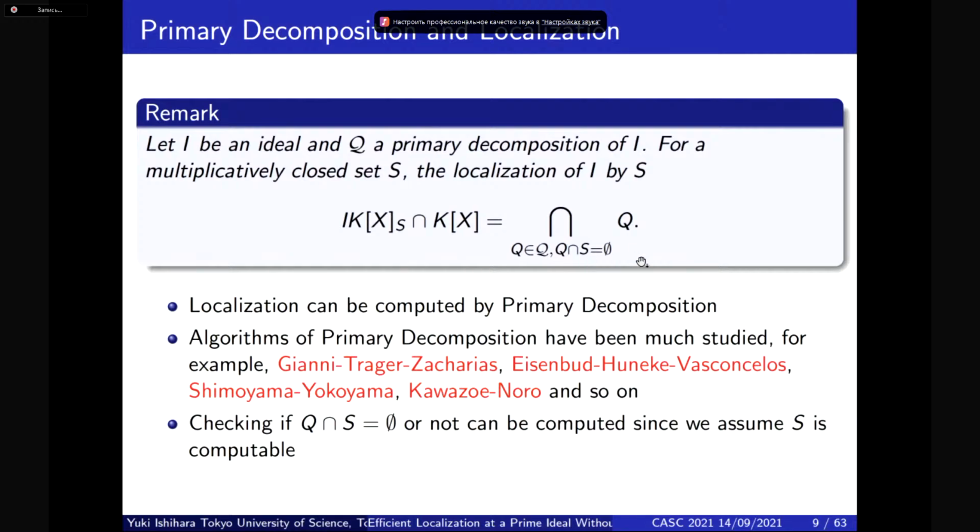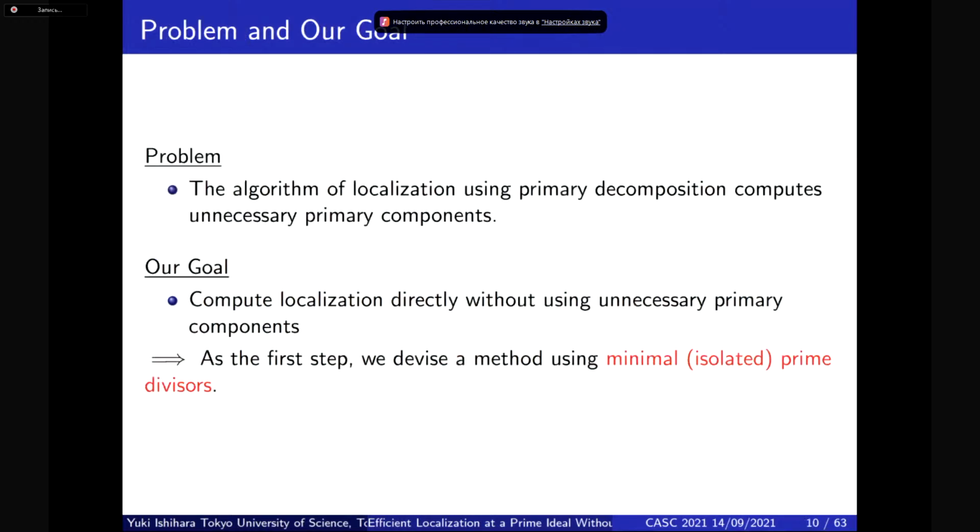The algorithms of primary decomposition have been studied very much, so we can compute the localization of I by using primary decomposition. However, the algorithm of localization using primary decomposition produces some unnecessary primary components.